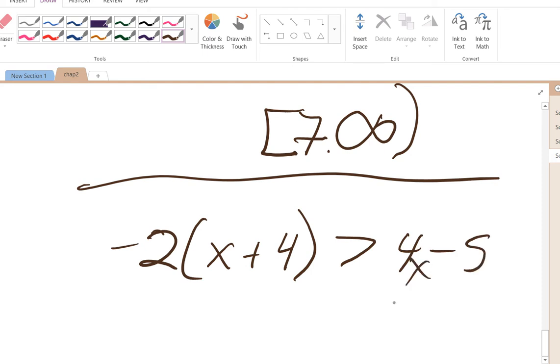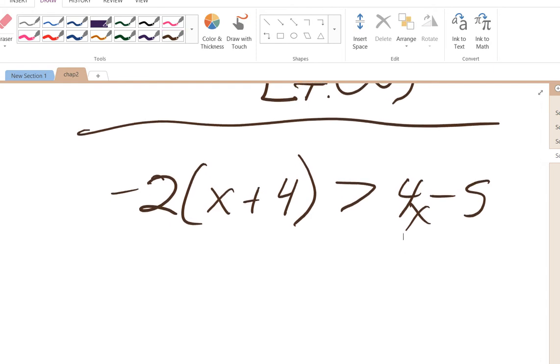Okay, so let's say we have something like that. So we'll distribute this inside. We're just going to treat this just like it was an equal sign here. We're not going to change anything.